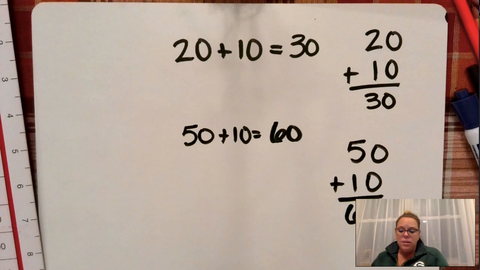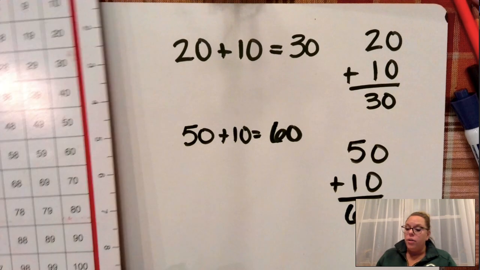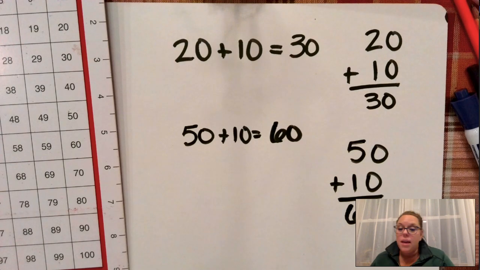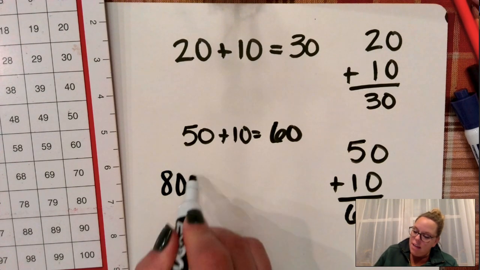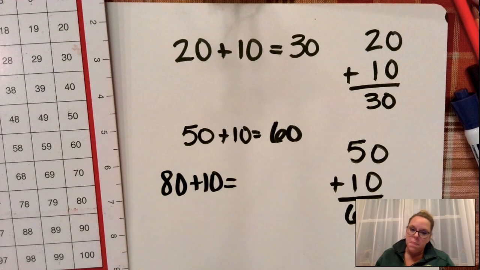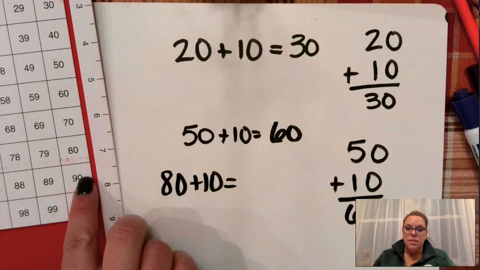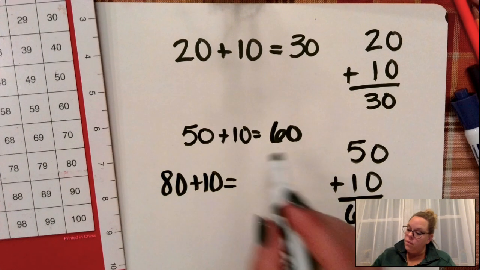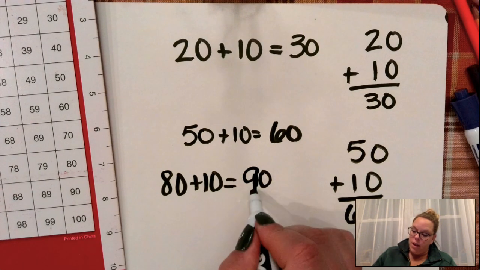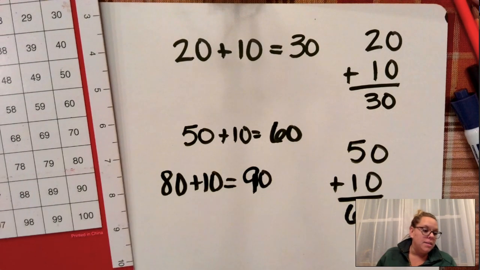Okay? Let's do a couple more of these, and you're just going to be thinking these in your head. Say them out loud. Go ahead on your 100 numbers chart, and I would like you to find 10 more than 80. What is 10 more than 80? That's the same thing as saying 80 plus 10. Here's 80. What's 10 more? 90. Right. 10 more than 80 is 90.